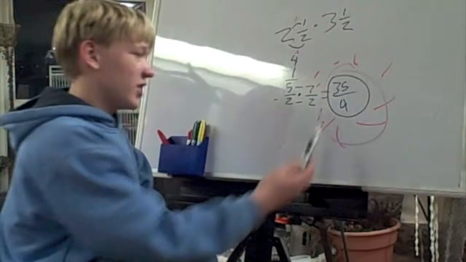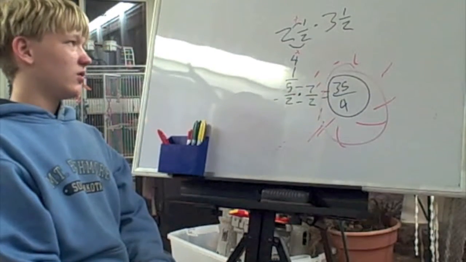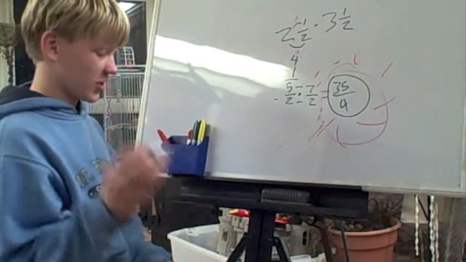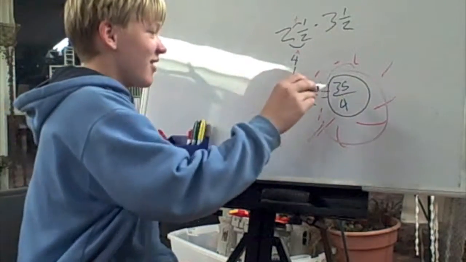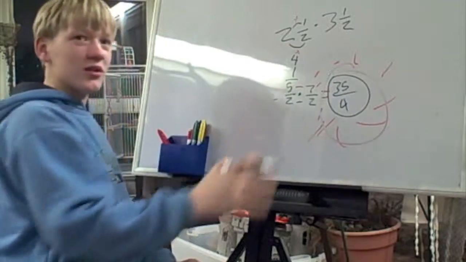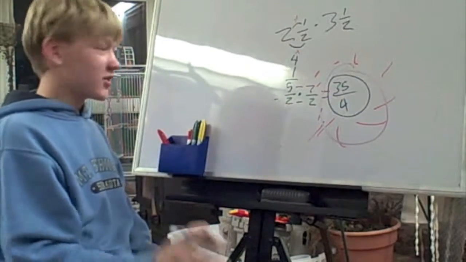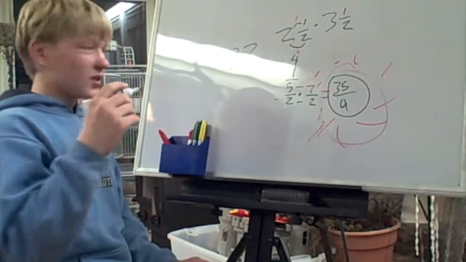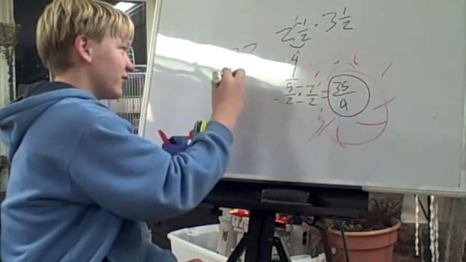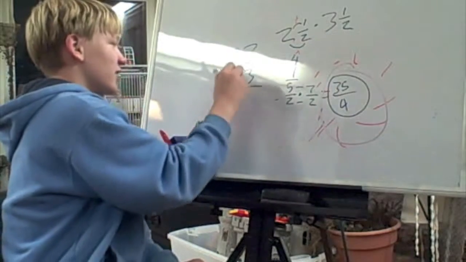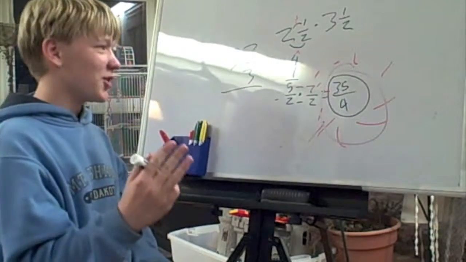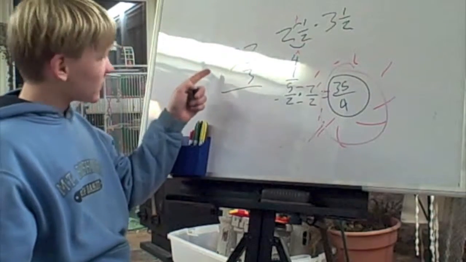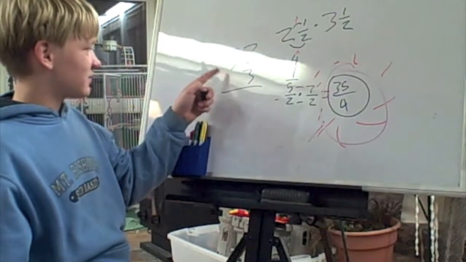Okay, so now you need to change this back into a mixed number, which is easy, by the way. So 4 times 8 is 32. And then to get to 35, you need to add 3 more. And the 3 more is the 3 you have left over from 4 times 8.